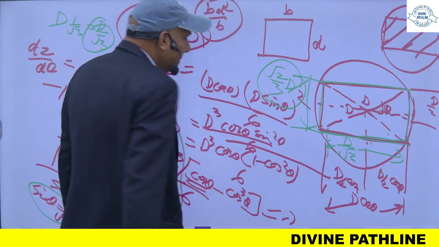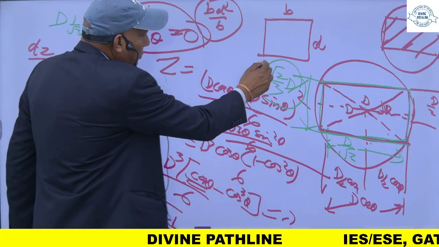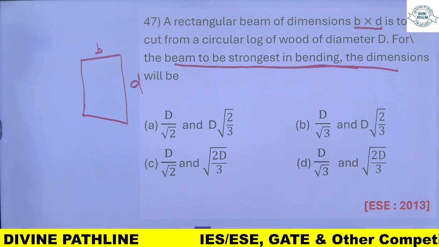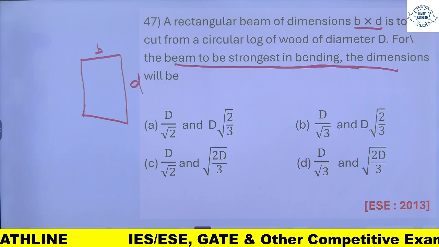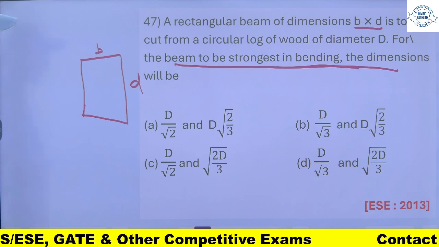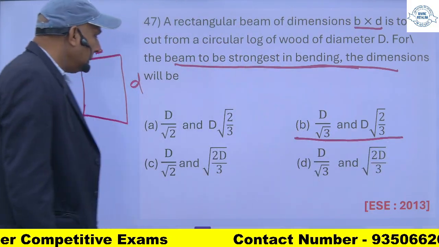So width is d upon root 3 and depth is root of 2 by 3 d, which means this one is the right option.